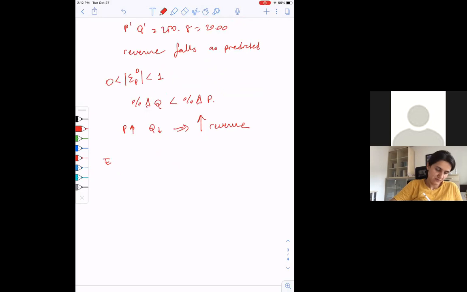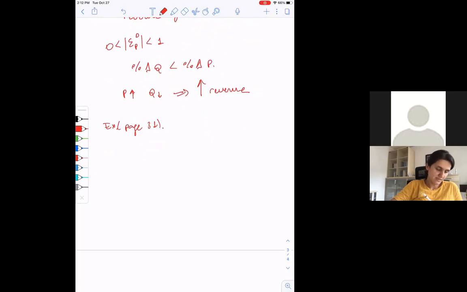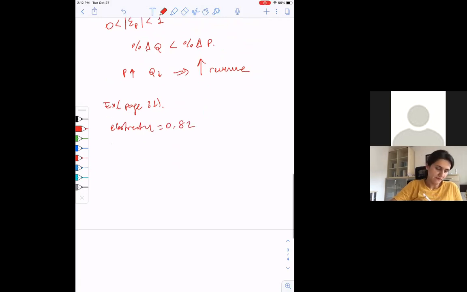Let's do the same thing for this elasticity of demand. This time, page 31. Suppose price elasticity of demand is 0.82. If P equals 200, we have Q as 12. Suppose price is increased to 250; you can find what will happen to Q prime.